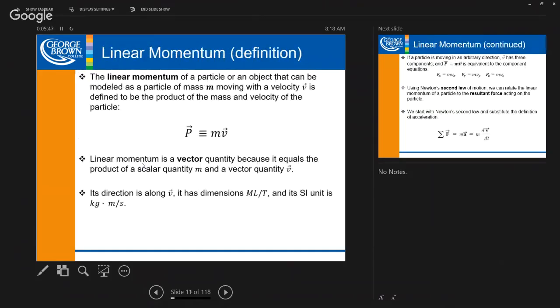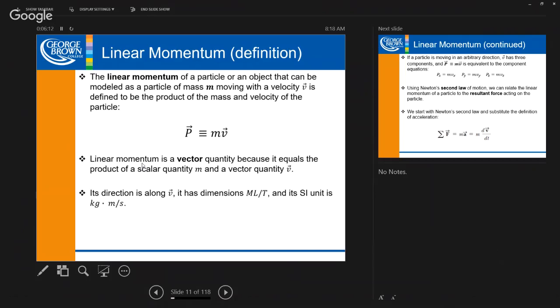So we go forward. Here it is. That's the linear momentum of a particle. The definition is that a mass m moving with velocity v is defined to be the product of the mass and the velocity of the particle. It's a vector quantity because it equals the product of the scalar quantity m and a vector quantity v.